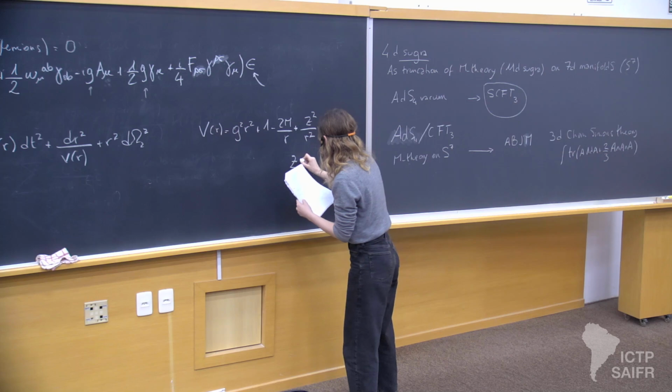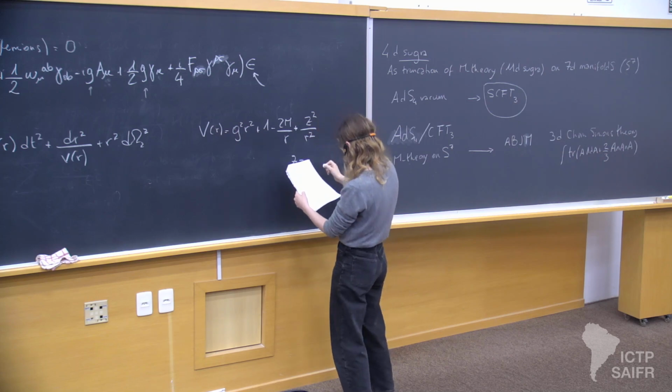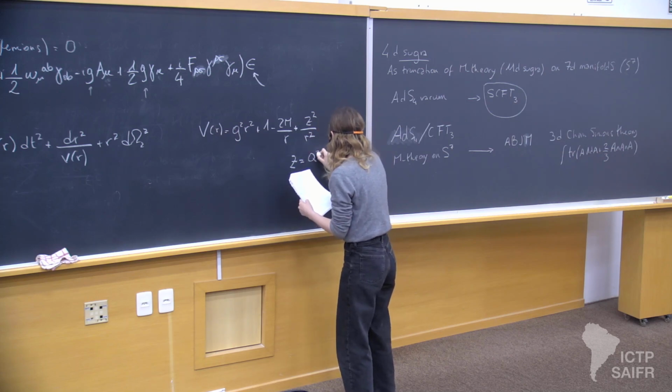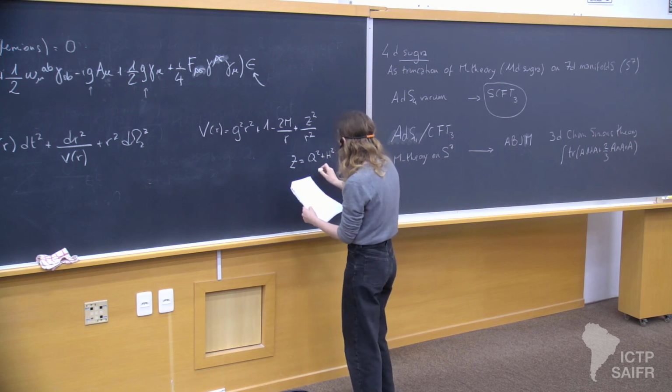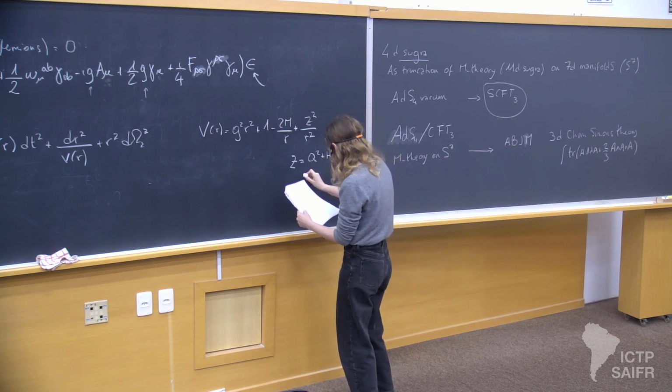We already defined Z as Q squared plus H squared, and Q and H are just the components of the gauge field.